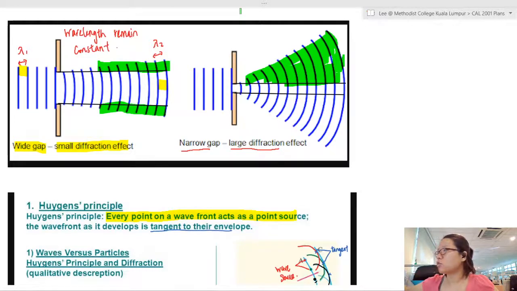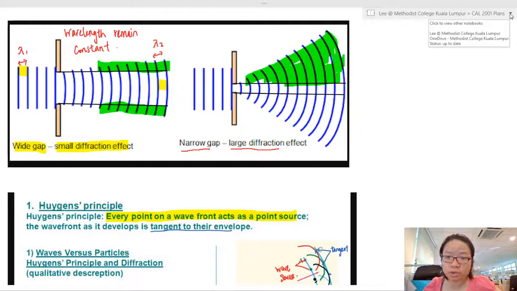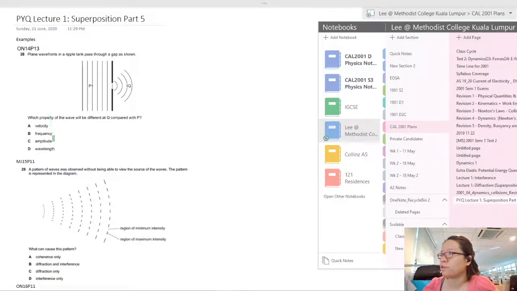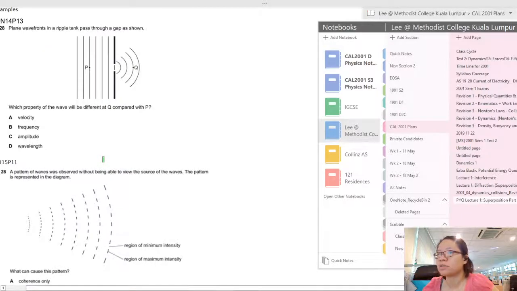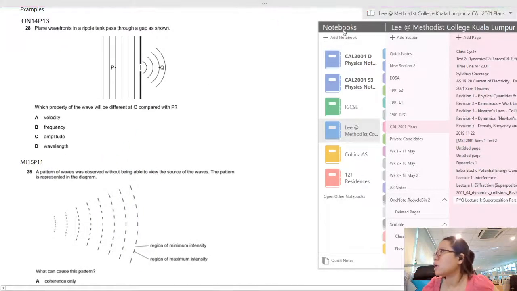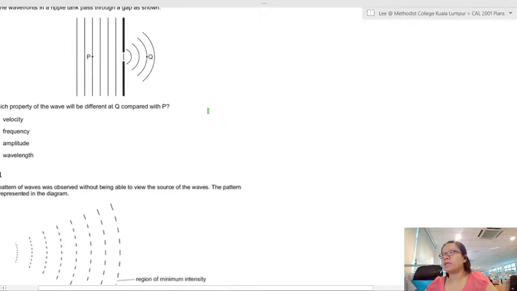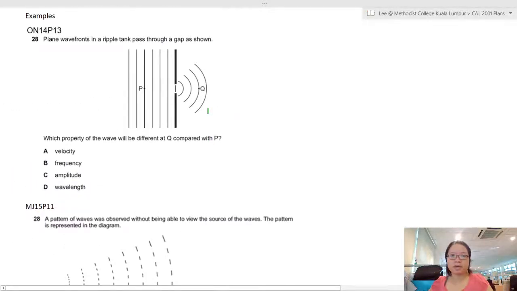This one is sometimes asked in your objectives. I'm just going to show you what I mean by that. So the objective can look like this. These are a few examples. Just going to zoom in a bit so you can see. Here it says that there are plane wave fronts passing through a gap as shown.